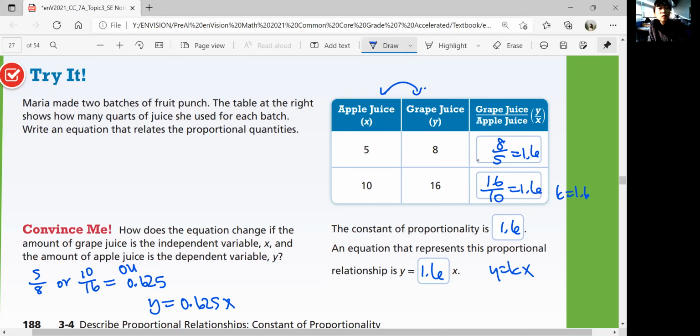Our k would change to 0.625. So the equation should be y equals 0.625x instead of 1.6. Okay.